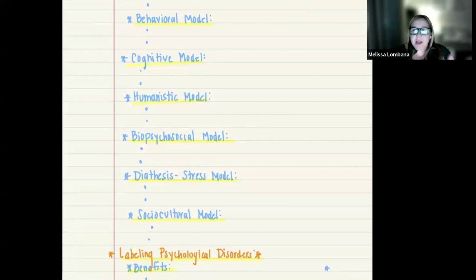Then we go to the biopsychosocial. Okay, and it's kind of like a combination of the three. They believe that all behaviors, normal or adaptive or maladaptive, arise from the interaction of our nature, which is our genetics, and nurture, which is our experience. Okay, so it's a combination of nature and nurture.